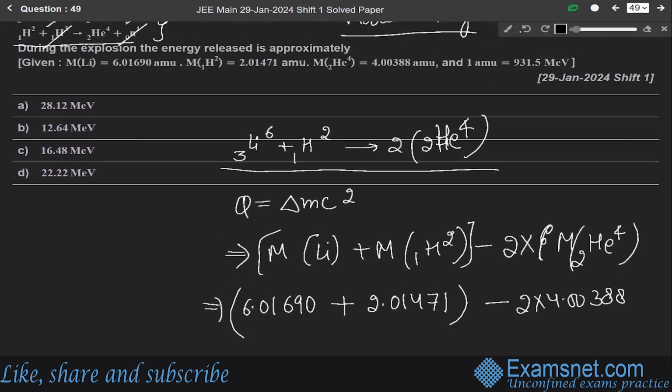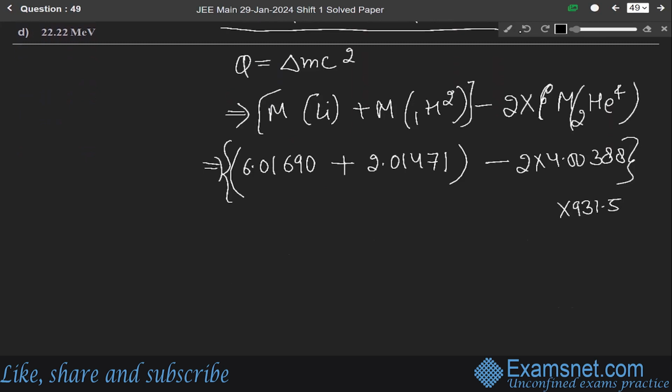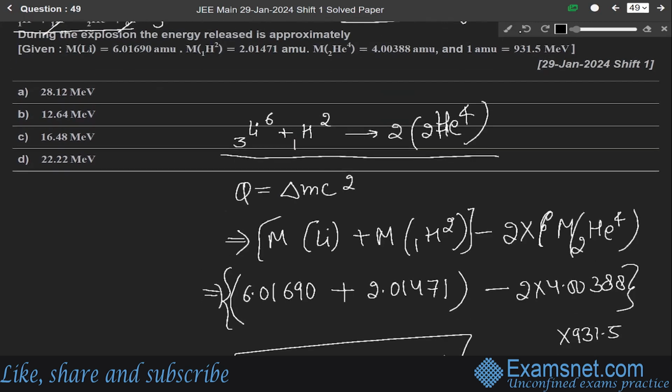And what is AMU? 931.5 mega electron volt. Now solving this and multiplying it with 931.5 mega electron volt, we get our answer, energy released as 22.22 mega electron volt. So the correct answer is option D, 22.22 mega electron volt.